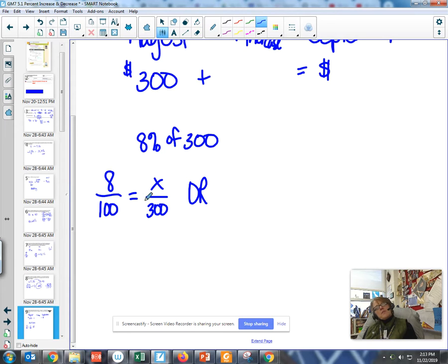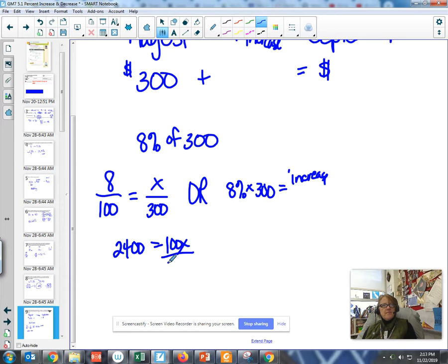Or some of you might prefer just doing this algebraically and say 8% times 300 is going to be the amount of the increase right there. When you cross multiply and solve, you end up taking 2400 as 100x.